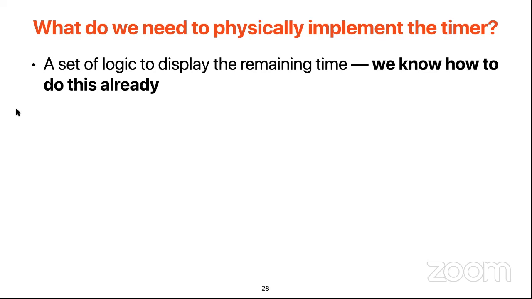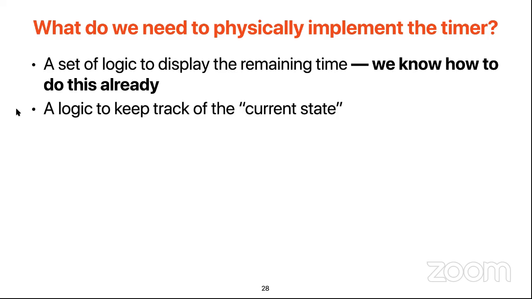If you have been working on your lab 3, which I believe is due tonight, you should already know how to display the remaining time. If I give you the time, this is what you want to display. Then you need a logic to keep track of the current state, because you need that state to know what the next state is.